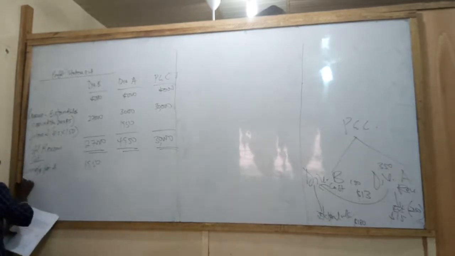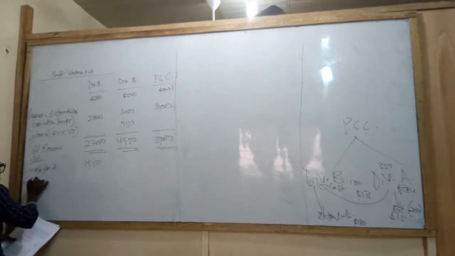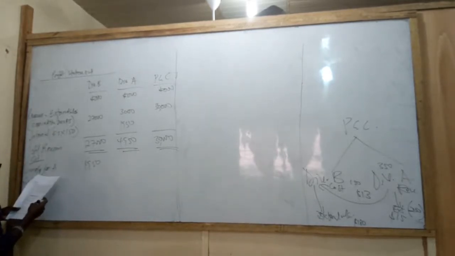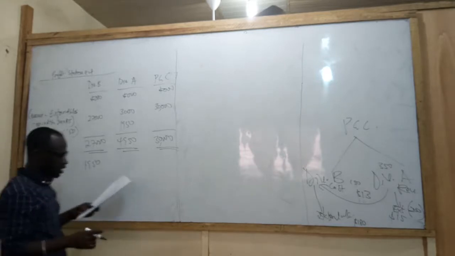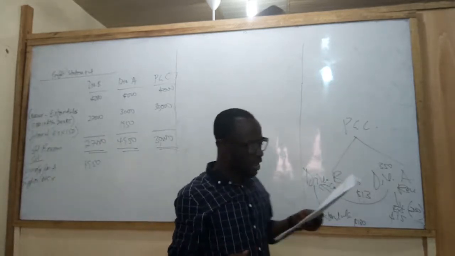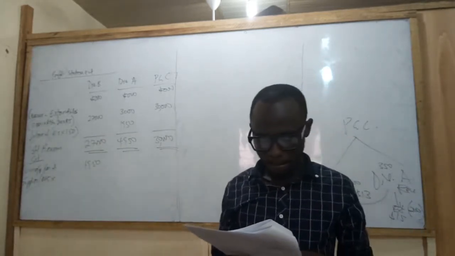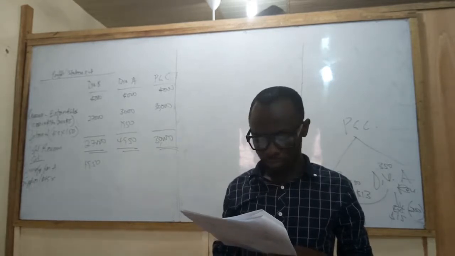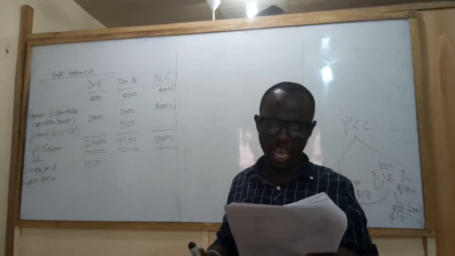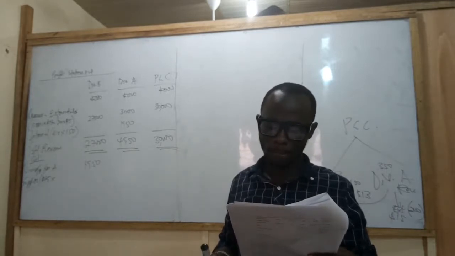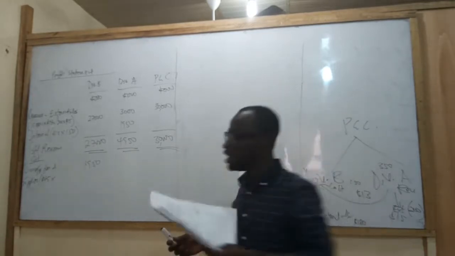Then from the external supplier, how much? What is the rate? Is it 45? 45. How many things are we demanding from the supplier? How many portable are we producing during the year? 150,000, right?